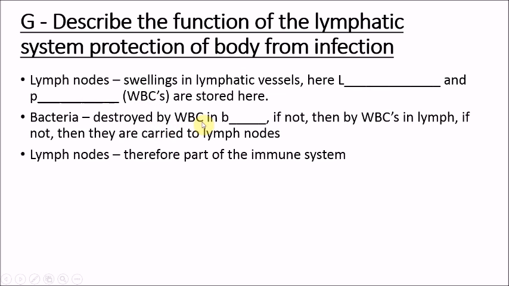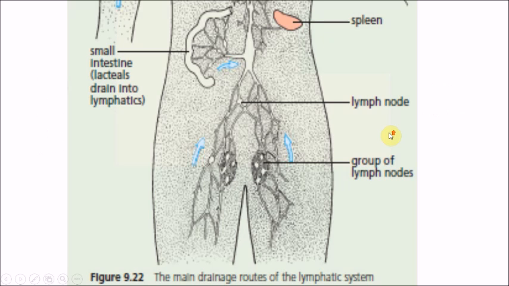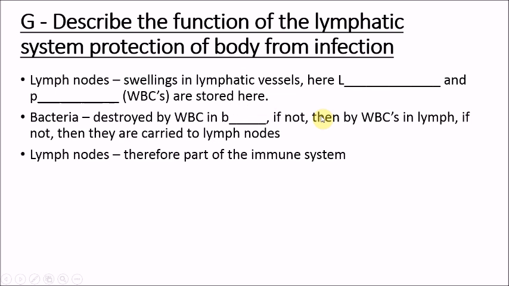Bacteria is destroyed by white blood cells in the blood normally, but if not, then by white blood cells floating around in the lymphatic system. But if not there, then they will be destroyed at these lymph nodes where there will be lymphocytes and phagocytes waiting for them.